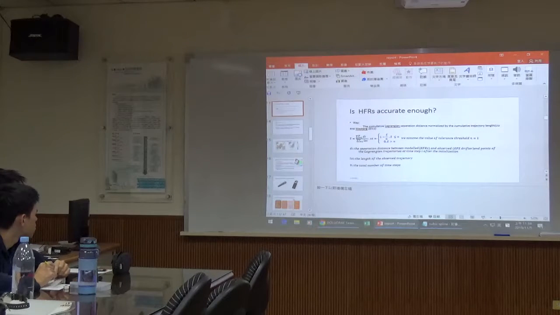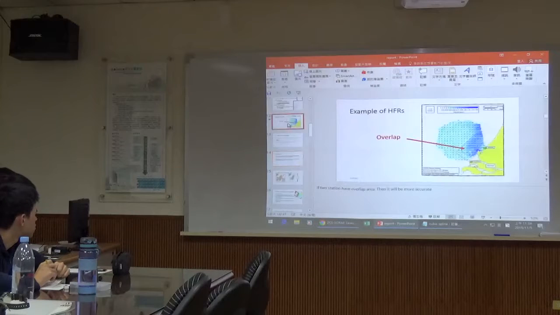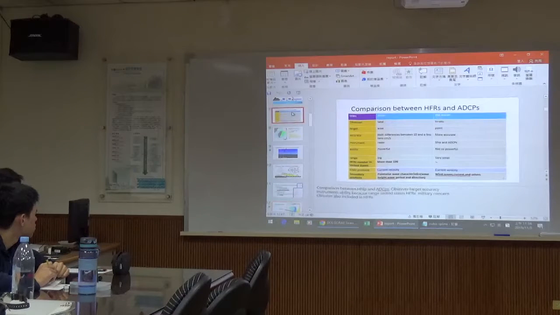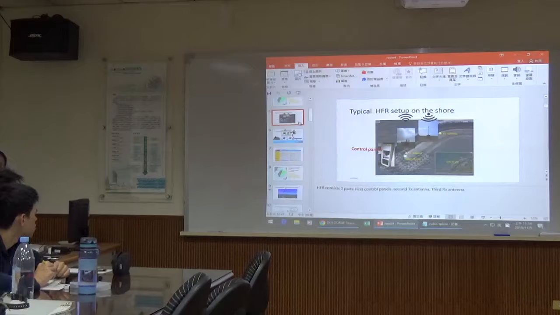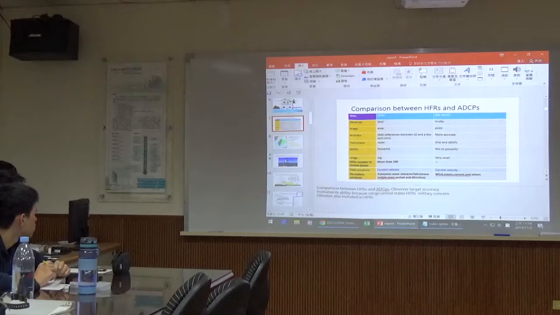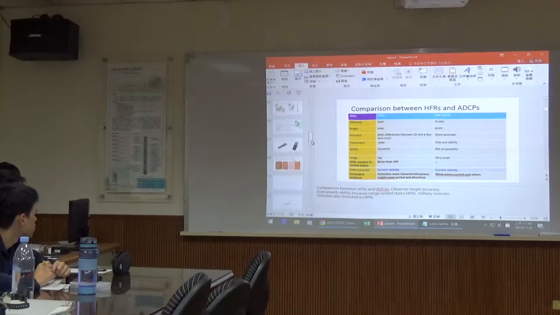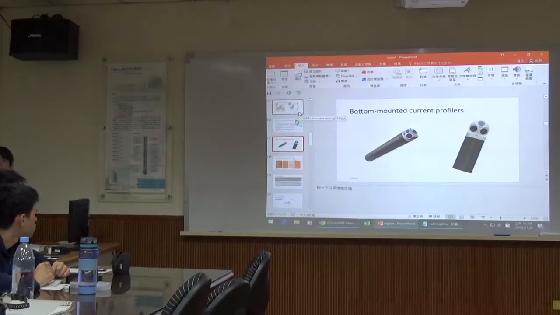Instead, I think a comparison like this table. If I were you, I would first show the photos of the HRF and briefly talk about the principle in a very easy way that makes sure everybody understands you. And then I would briefly show the photo of ADCP.